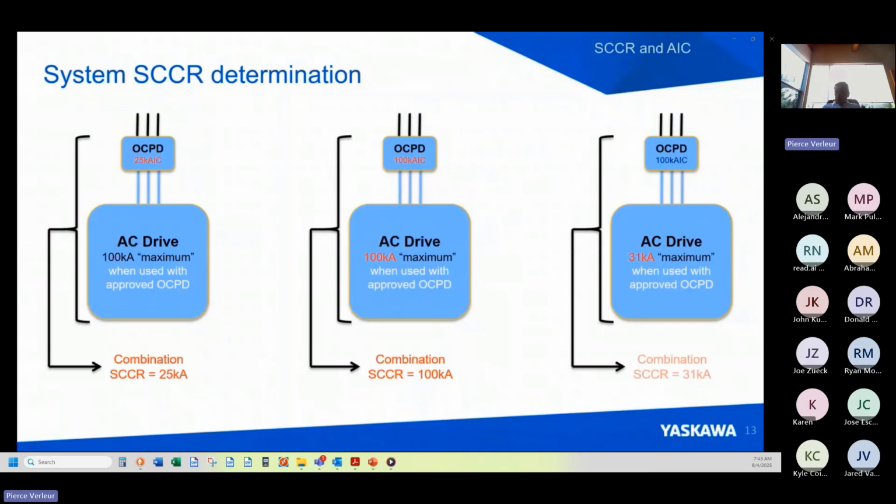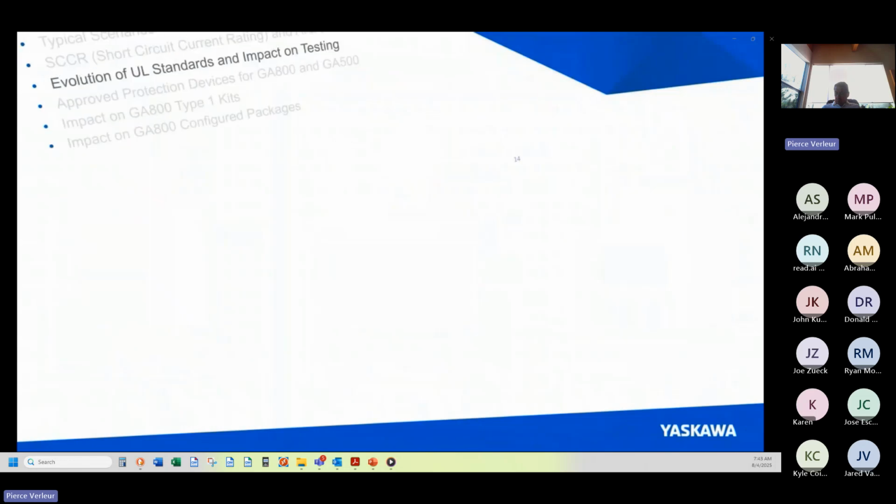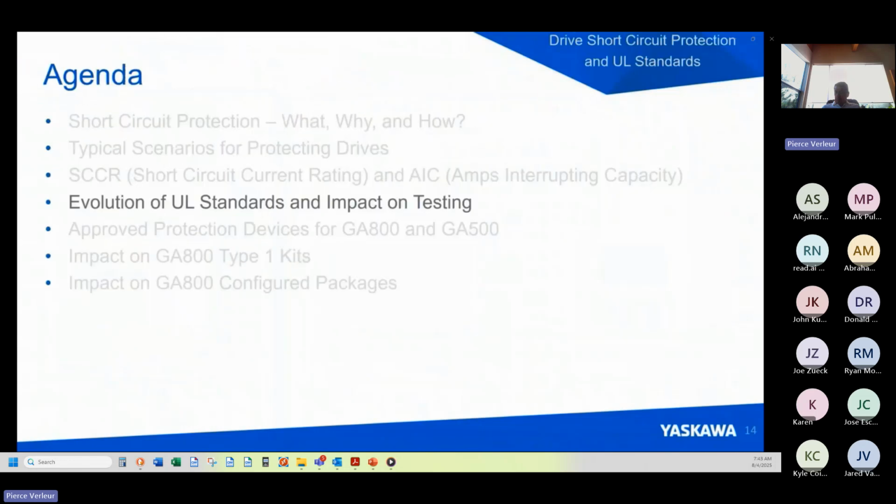In this case, the combination is 31,000 amps. So pretty easy to remember, right? It's just the lesser of the two rated devices. There are cases where there are combination ratings, but we're not really discussing those today. Combination ratings for components, that is.